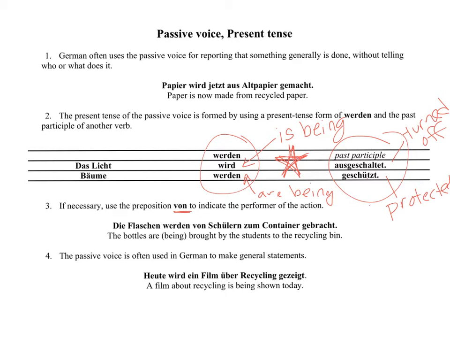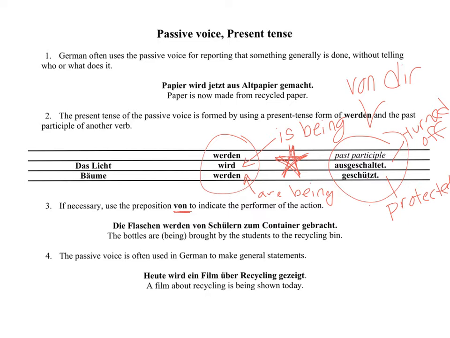So if I want to say perhaps that the light is being turned off by you, I would add right in there von. And then being dative, if it's by you, the dative form of du is dir. So das Licht wird von dir ausgeschaltet.